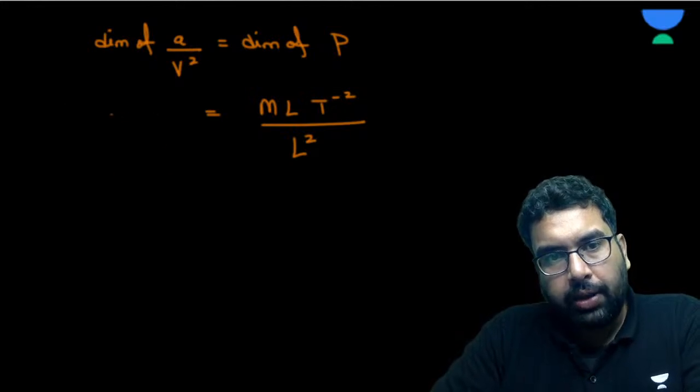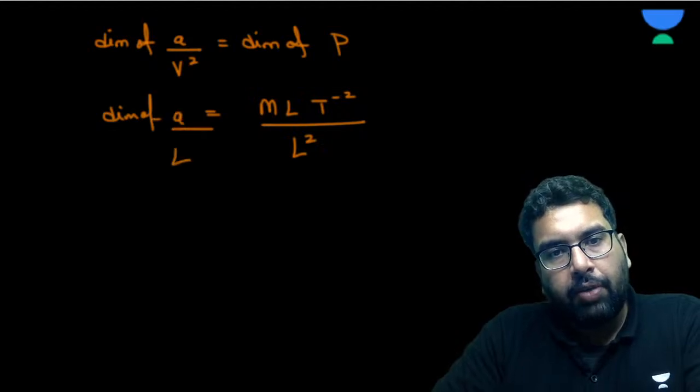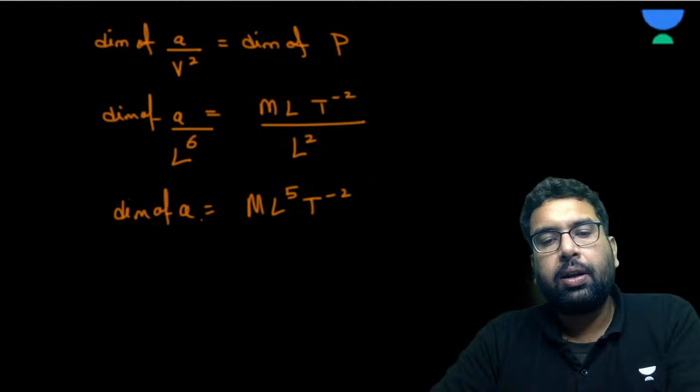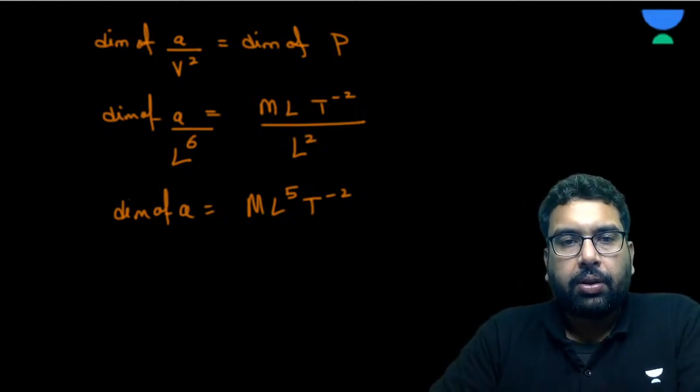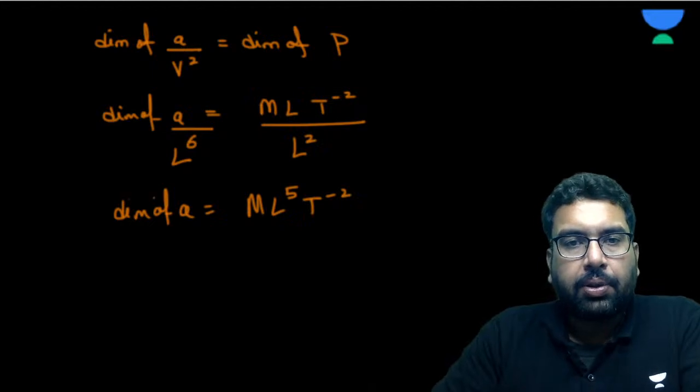So what is the dimension of A? The dimension of V square will be L to the power 6. So the dimension of A is going to be ML to the power 5 T minus 2. Okay, understood? ML to the power 5 T minus 2. I hope it is fine to everyone. So that becomes option B.